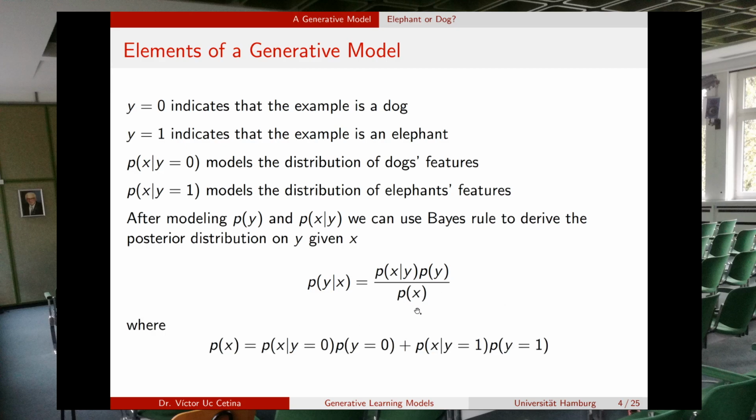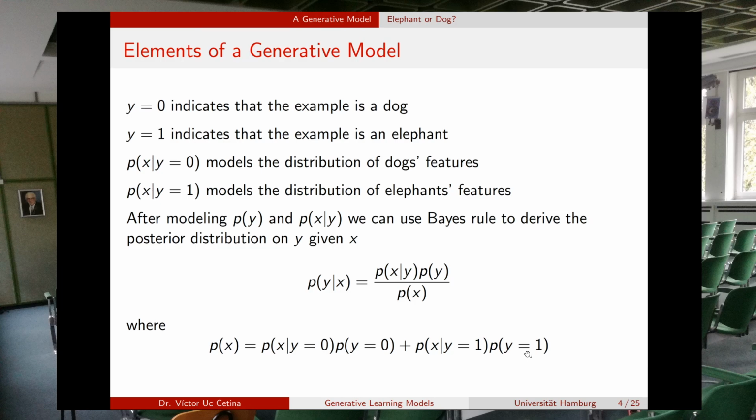This denominator here, if you remember, you can compute it simply by summing the product for each of the possibilities of the label. So in this case, we're talking only about two labels, 0 and 1. So we will have here the probability of x given y equals 0 times the probability of y equals 0, plus the other option when we say that y is 1: the probability of x given y equals 1 times the probability of y equals 1.